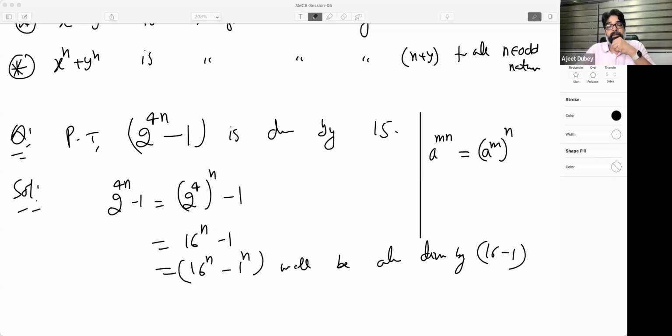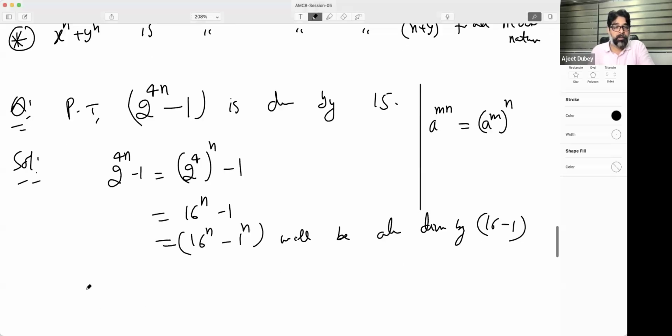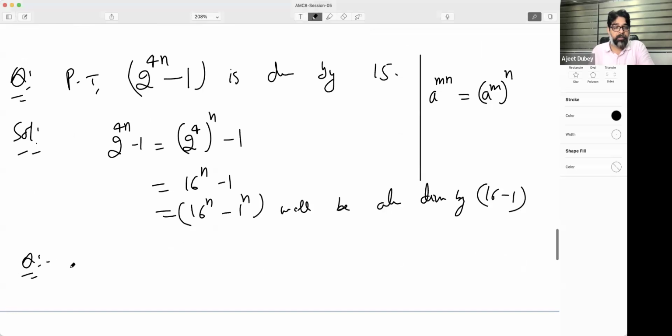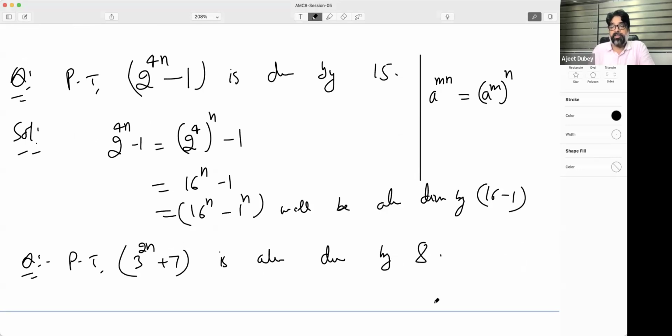Prove that 3 power 2n plus 7 is always divisible by 8.